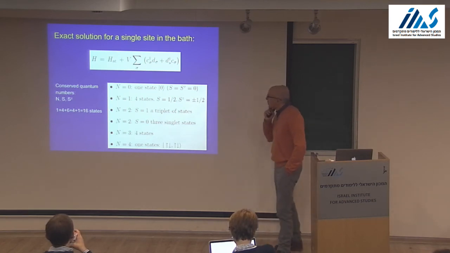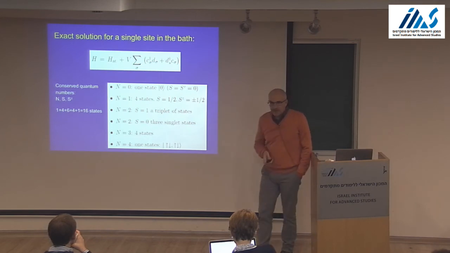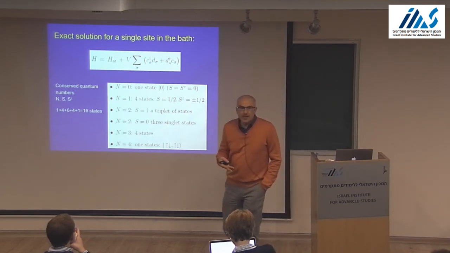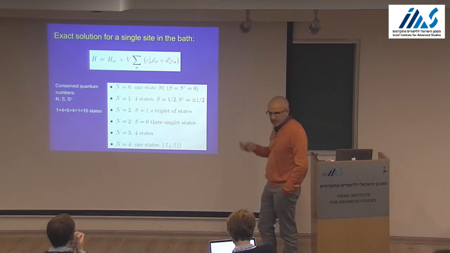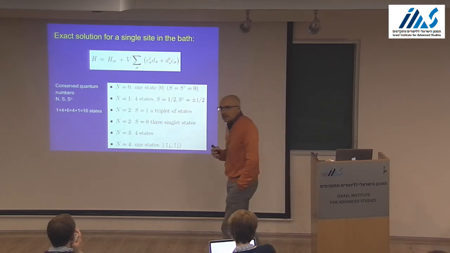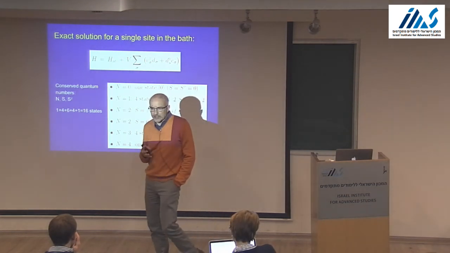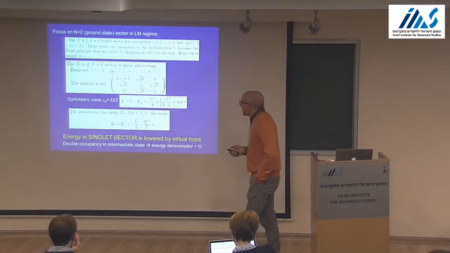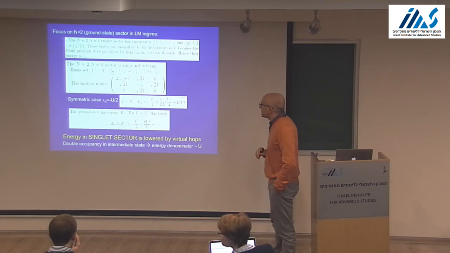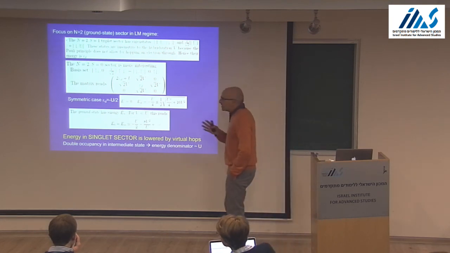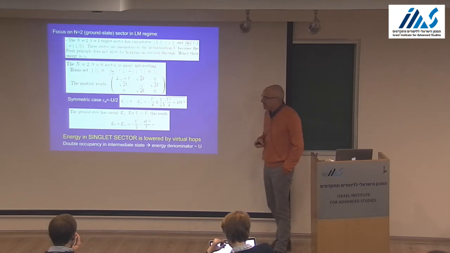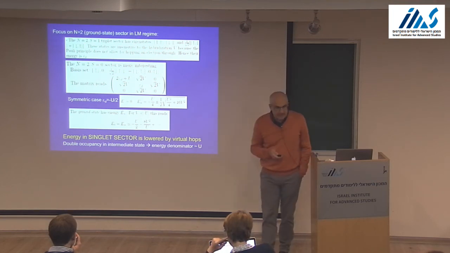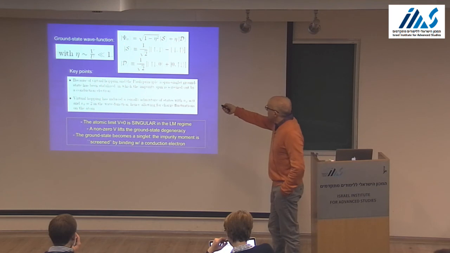So what I did very quickly is to diagonalize that problem and to discover that V is a singular perturbation that lifts the degeneracy of the ground state. The degeneracy is lifted in such a way that the favored configuration is a singlet state, which has a wave function that looks like this.